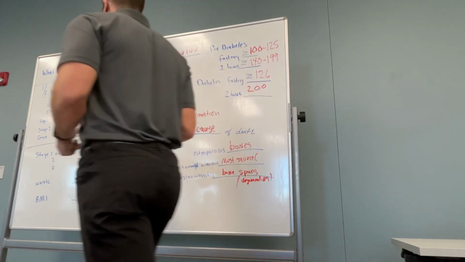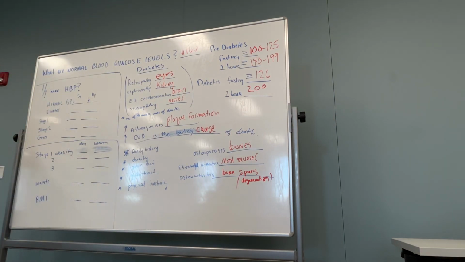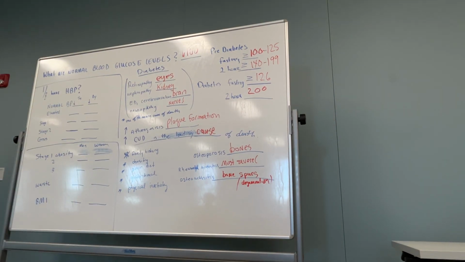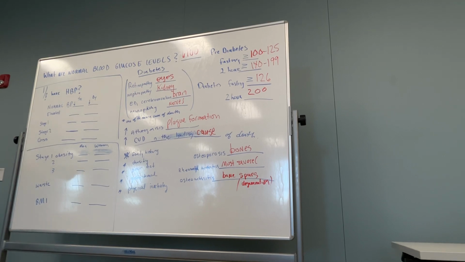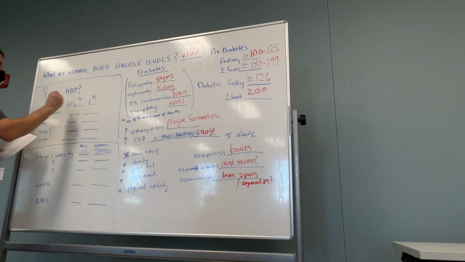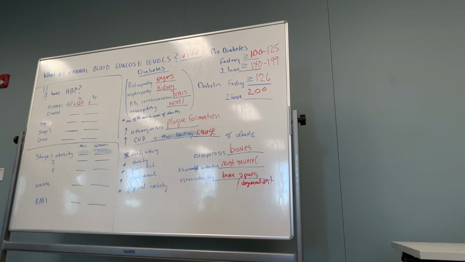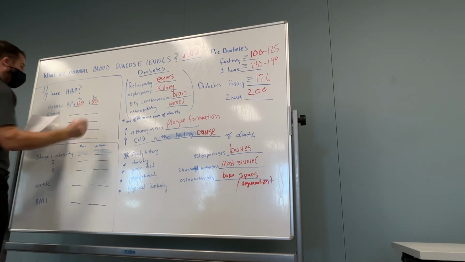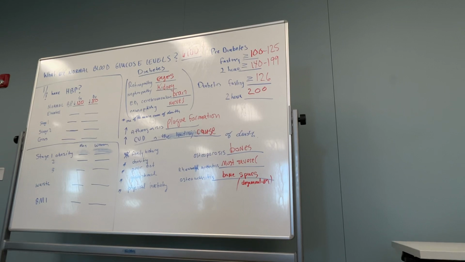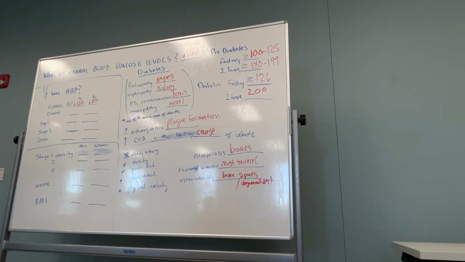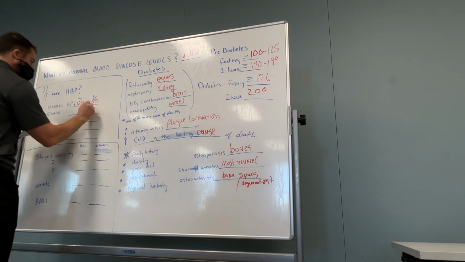Okay. All right, high blood pressure, systolic and diastolic. What do you think would be normal blood pressure? What do you remember from blood pressure? What would be normal systolic? Yep, under 120. And diastolic? 80. Yep, under 80. Okay, what about elevated? What do you think elevated would be? So the diastolic actually doesn't change. It actually stays the same.